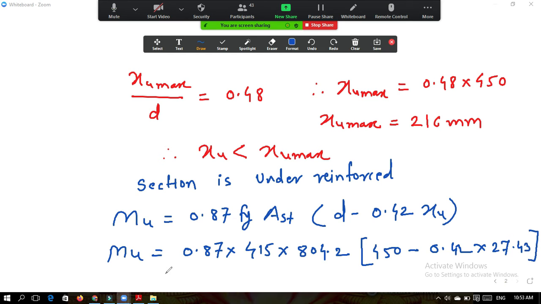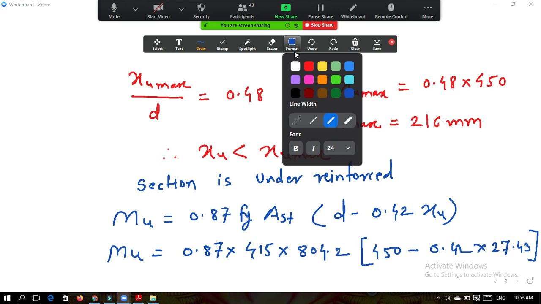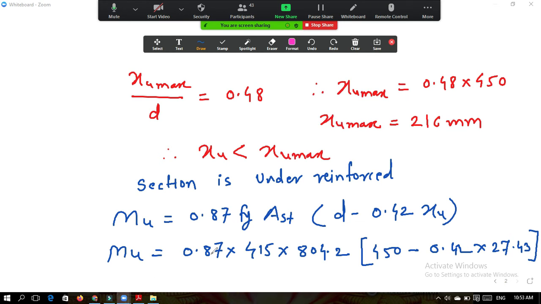27.43. So therefore, at the last, you will get this value. MU is equal to. Let me know the answer.